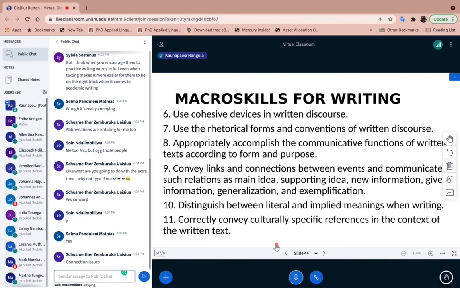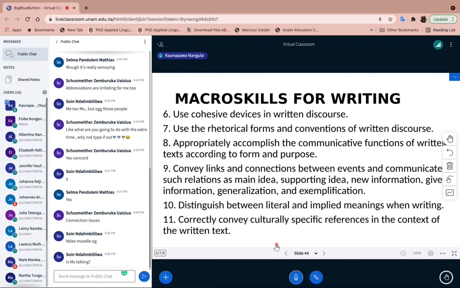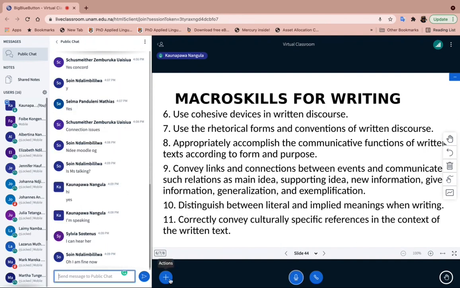But when it comes to macro, it's so much more. In the previous chapter, we spoke about top down and bottom up. These are more the top down skills, the high level ones.